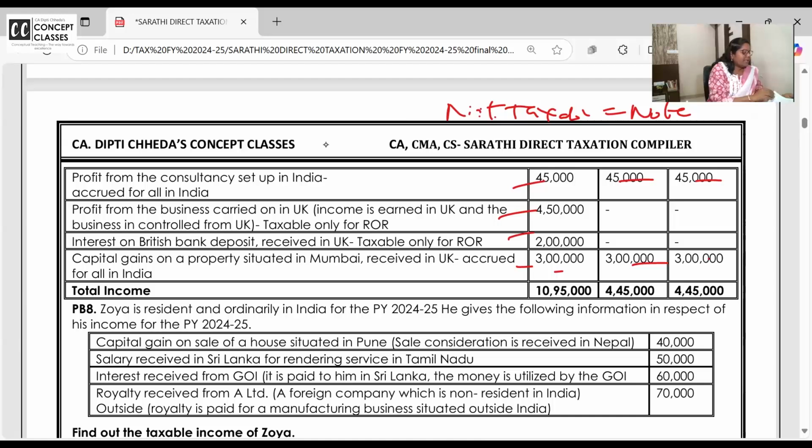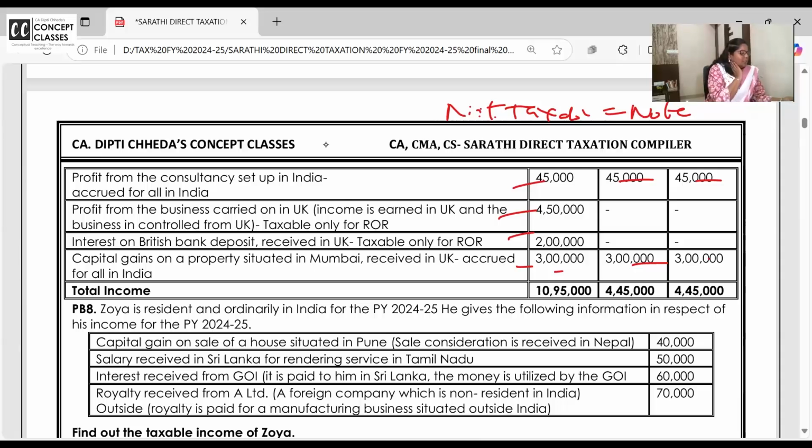Tomorrow we will do little advanced problems, wherein they will ask you to decide the residential status and then... I'm waiting.